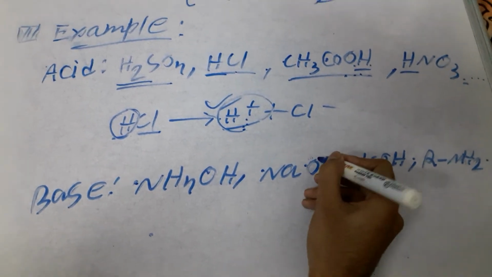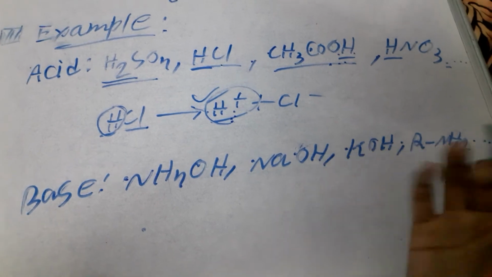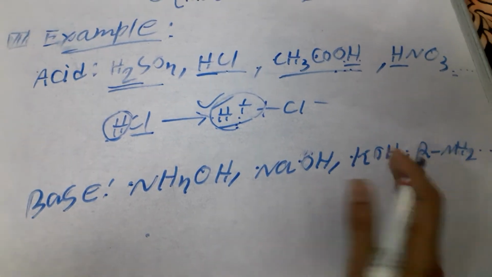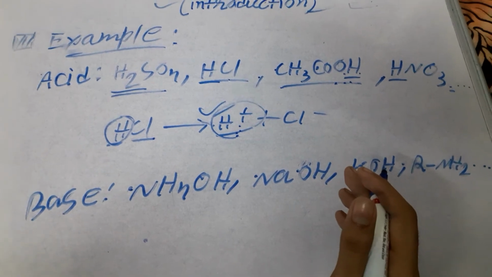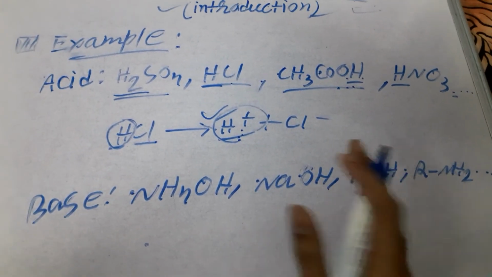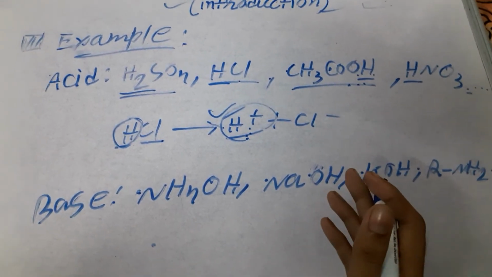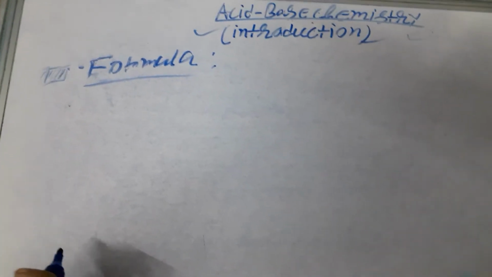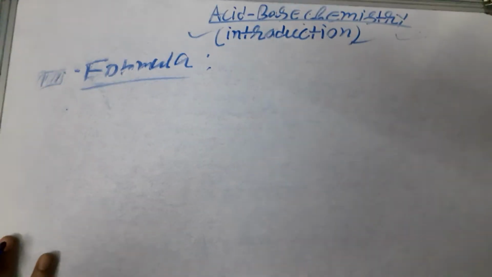And there are some lone pairs, like oxygen having a lone pair, which can donate. Now we are going to the formulas. Now come to the formulas of acid base chemistry.